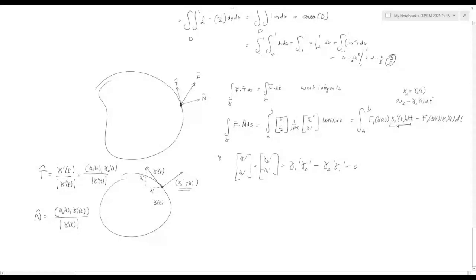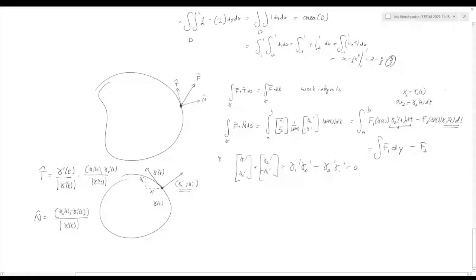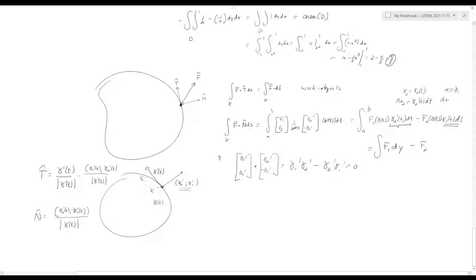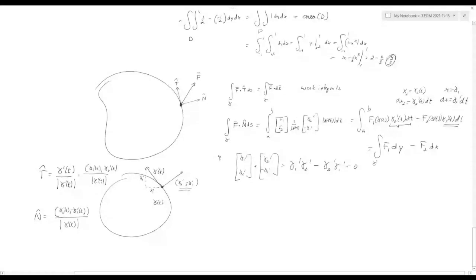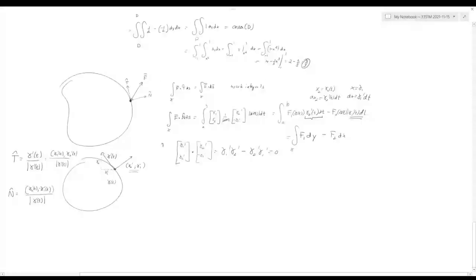So this is f1, let's just call it dy, minus f2, and this is going to be dx. If x is gamma 1, then dx is gamma 1 prime dt. And we're integrating over, so that's a flux integral.